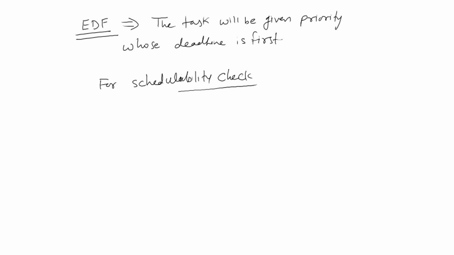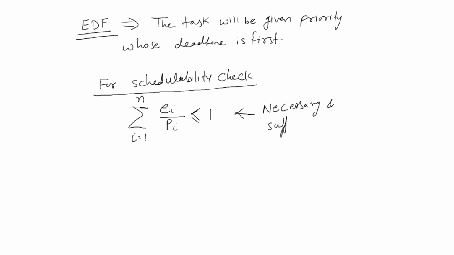there is a condition. That condition says that your utilization, the sum of ei upon pi, should be less than or equal to 1. In the rate monotonic algorithm there was a sufficient condition; here this condition is both necessary and sufficient.